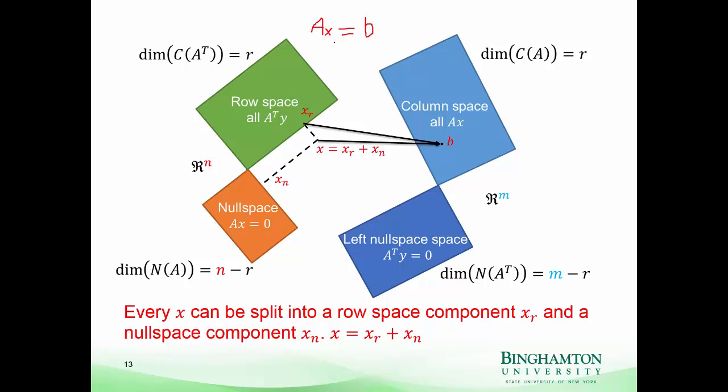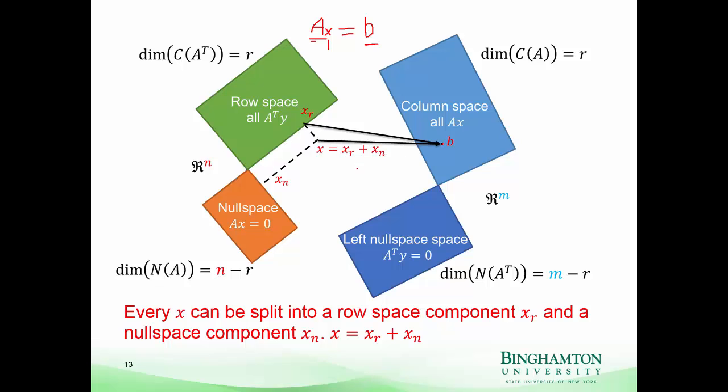So let's stop thinking for the moment that, like we normally do, we know A, we know b, and we're trying to find x. Let's think of it the other way. We know A, we've picked an x, and we're trying to figure out where it ends up when I map it or operate on it with A. So I take A times x, and where does it go? It goes to some point here.